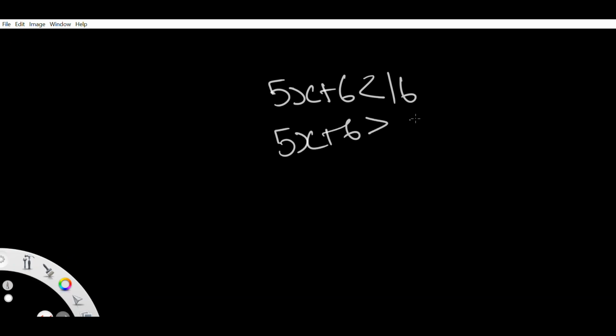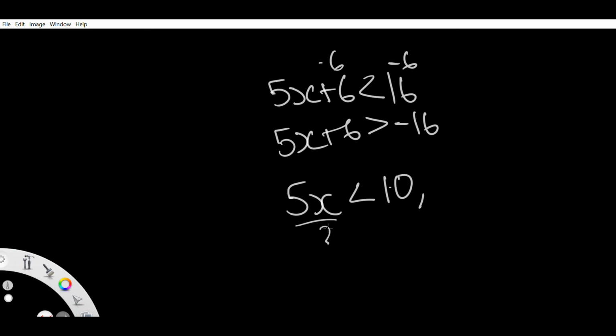So now we have two different inequalities. So 5x plus 6 is less than 16, and 5x plus 6 is greater than negative 16. So to solve this, we need to subtract 6 on both sides on the first inequality to get 5x is less than 10, which can be simplified to x is less than 2.